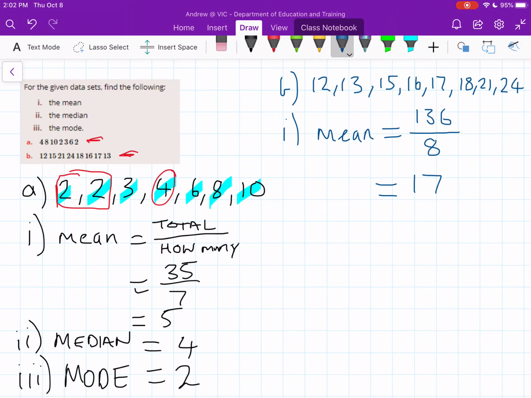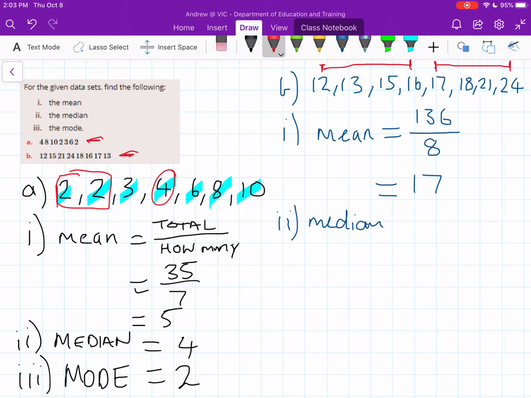Now we need to find our median, the middle number. When we have an even amount of numbers, it isn't as obvious, because you'll see here we've got the first 4 numbers up to 16, then a second lot of 4 numbers at the end up to 24.